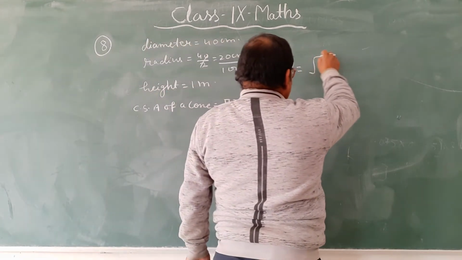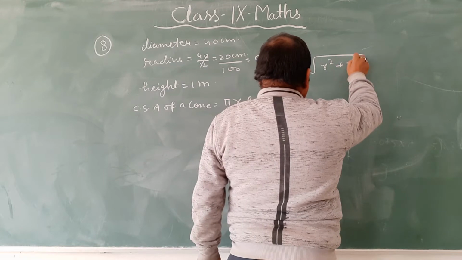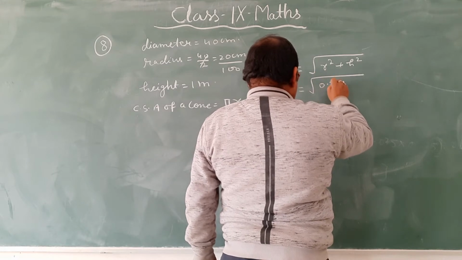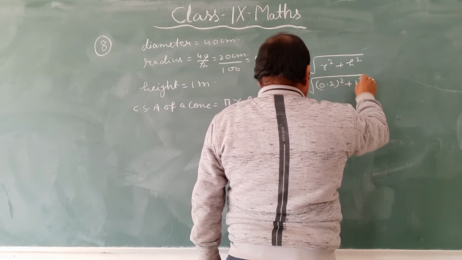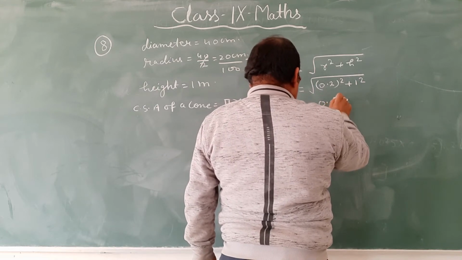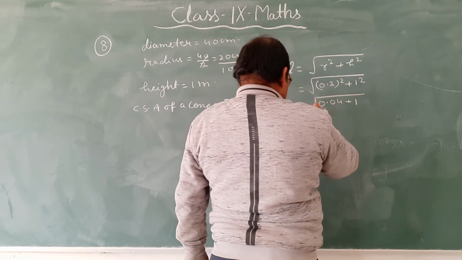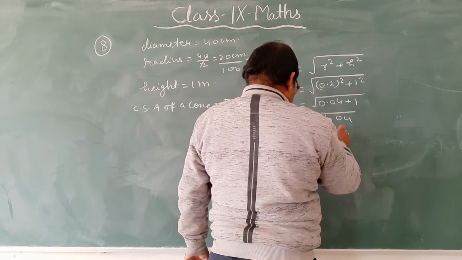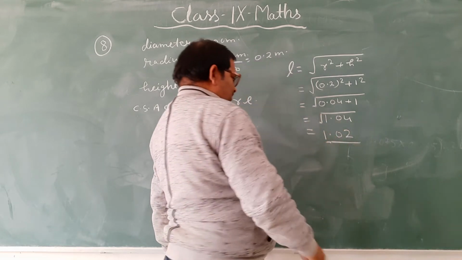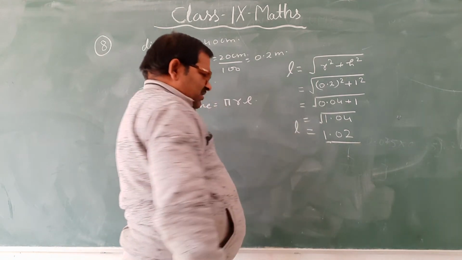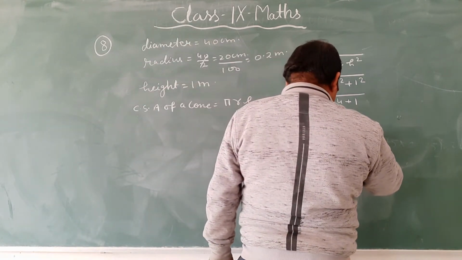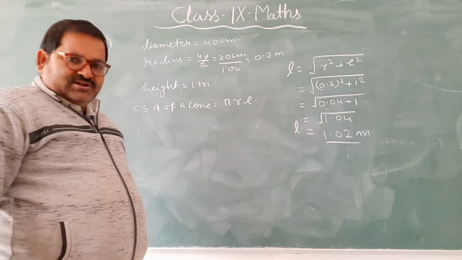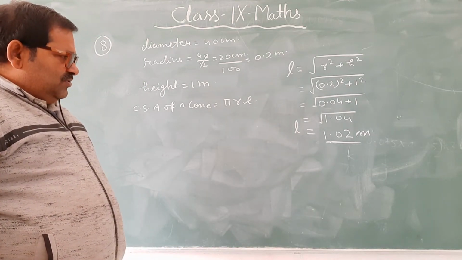L is equal to under root r square plus h square, and r is 0.2, so 0.2 whole square plus 1 square, and 0.04 plus 1 is equal to 1.04, and the value is given as 1.02. 1.02 meter is the value of L, the slant height of the cone.